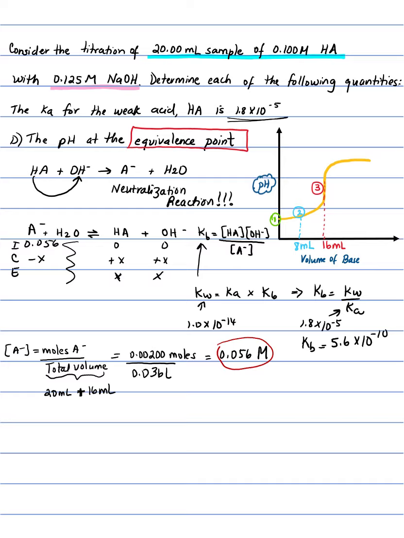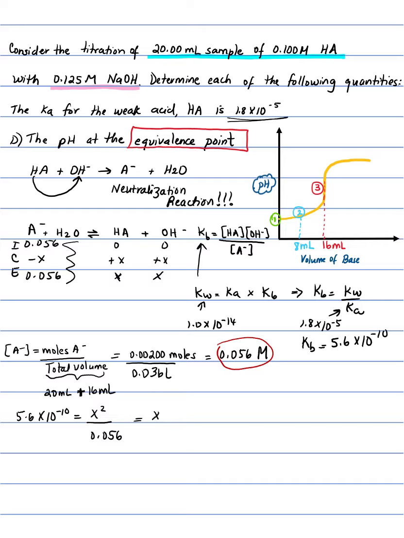A small number for Kb, which means that your initial concentration will be the same as your concentration at equilibrium. So now I'm going to plug in numbers in my Kb so I can calculate how much is X. 5.6 times 10 to the minus 10 equals, you see how you have HA times OH minus, your acid times the concentration of hydroxide, so that will be X squared over 0.056.